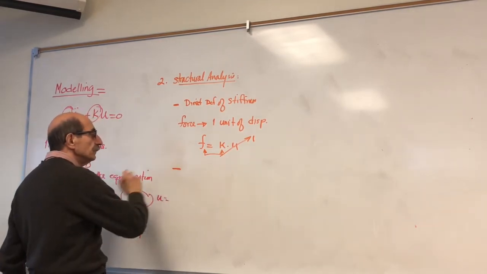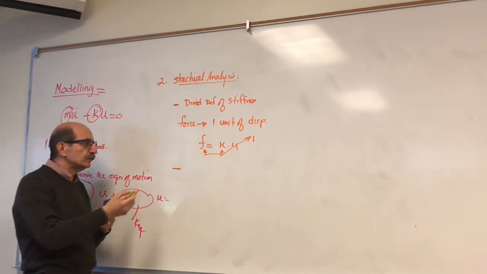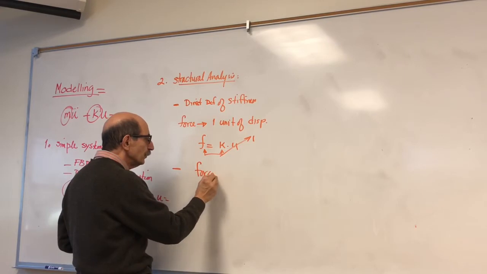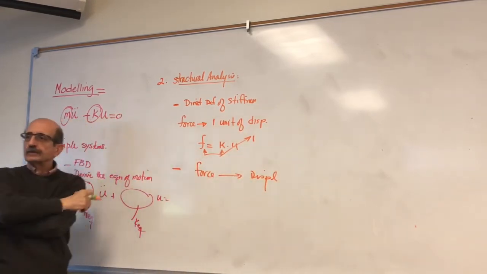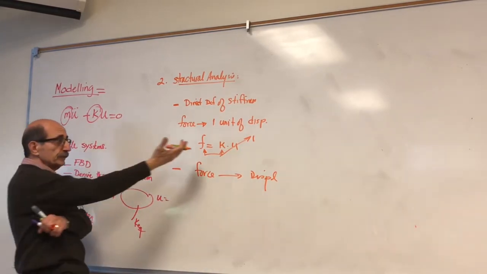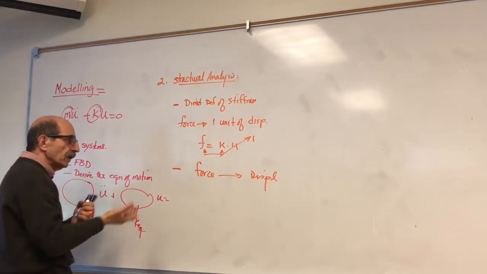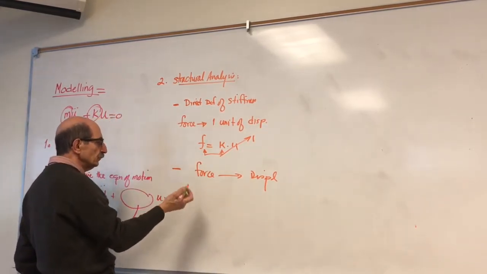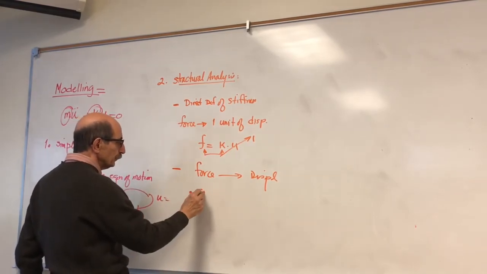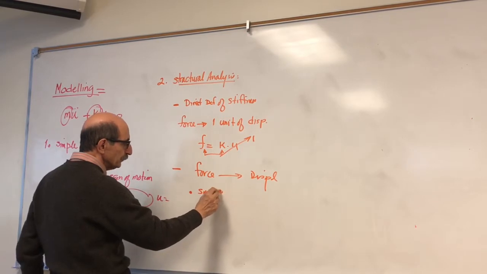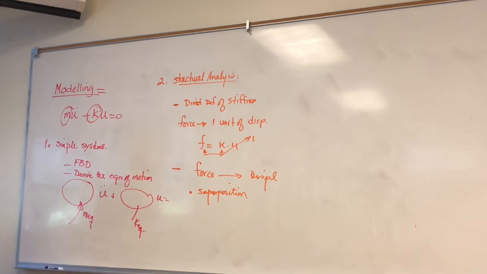Basically here the idea is you want to relate force to displacement. Okay, find a relationship between the two. That helps you to find the stiffness. Most of the time you can do that directly, but sometimes you need to use concepts such as superposition, because it's not necessarily easy to find that relationship.